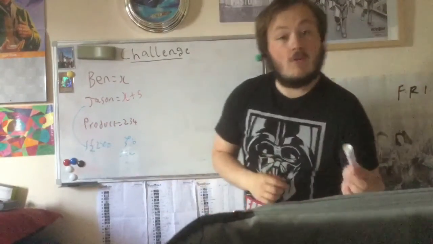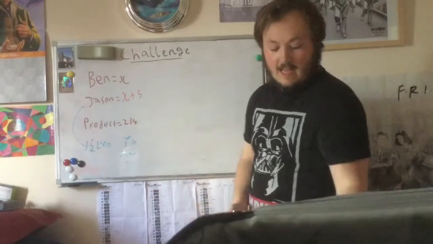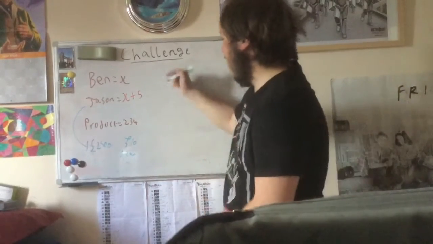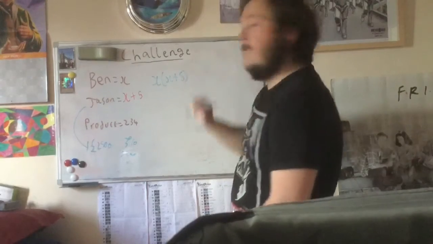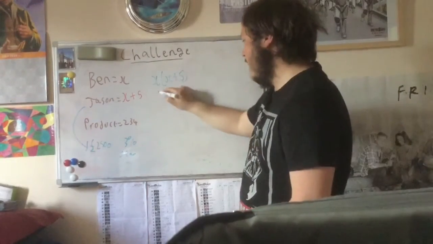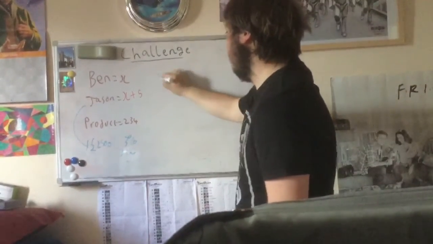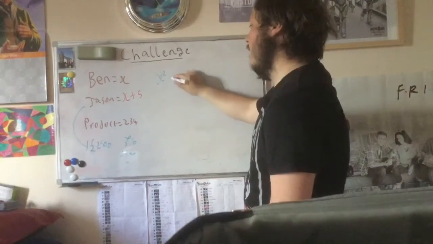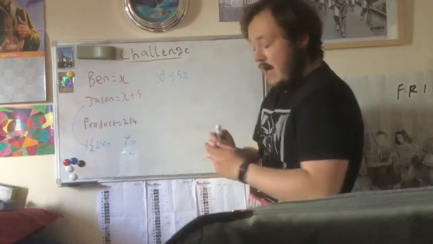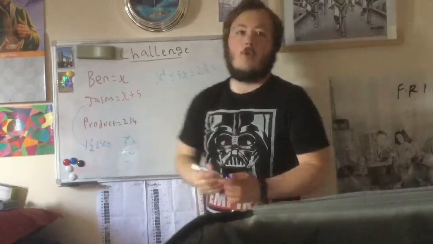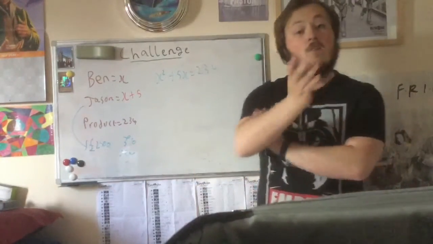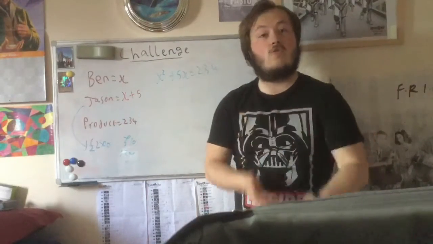The product of Ben and Jason's ages is x multiplied by x plus 5. x times x is x squared, and x times 5 is 5x. And this will all equal 234. Now, because there's an x squared, we're going to be doing a quadratic equation.